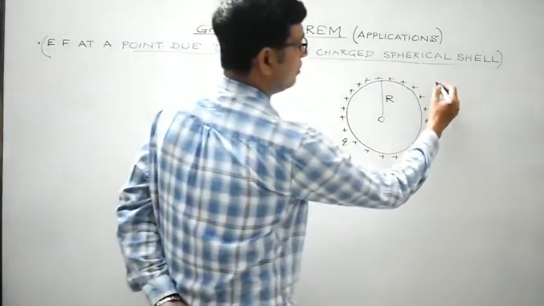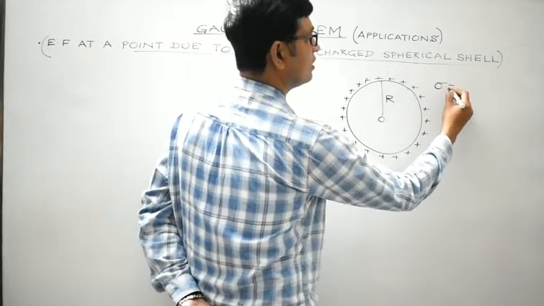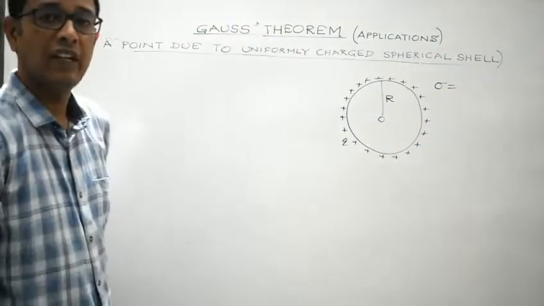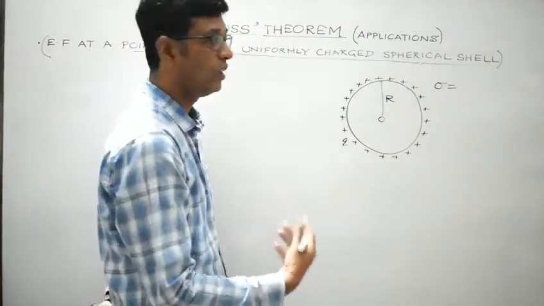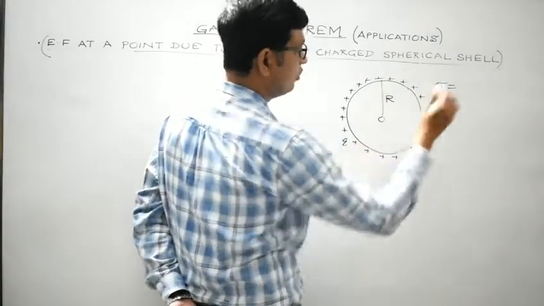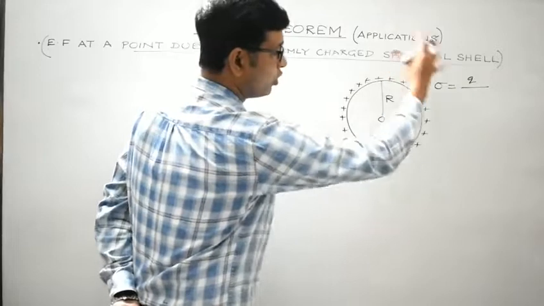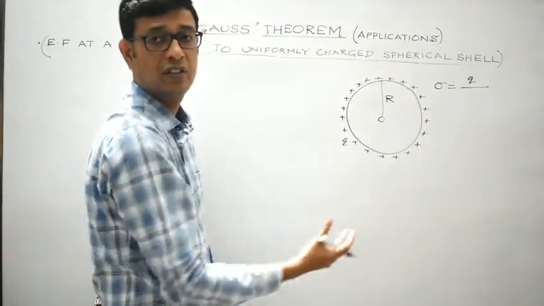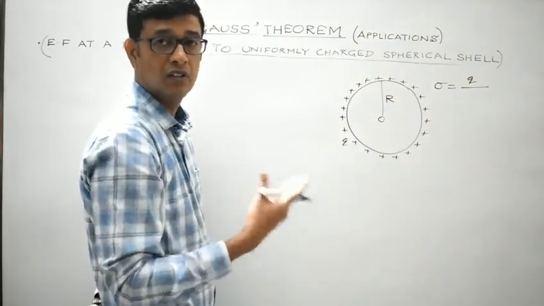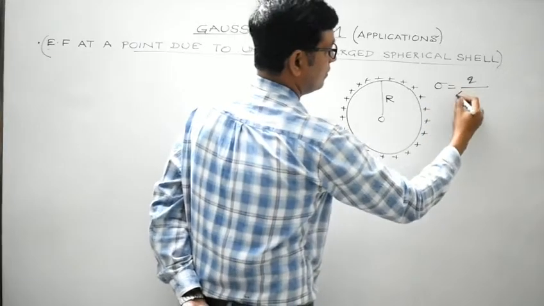So obviously we will make use of the term sigma. It's a 2D thing, so it is defined as charge per unit area. Net charge is q. This charge q is distributed over the surface area of this spherical shell, which is 4 pi R square.